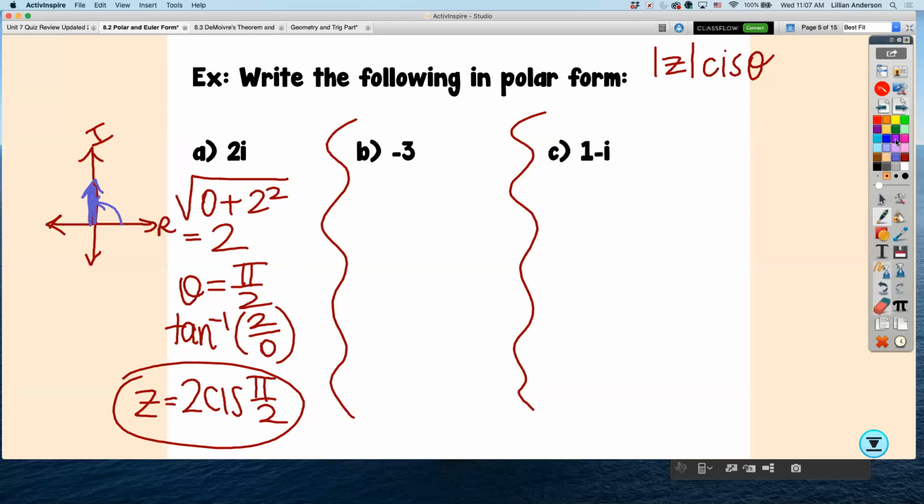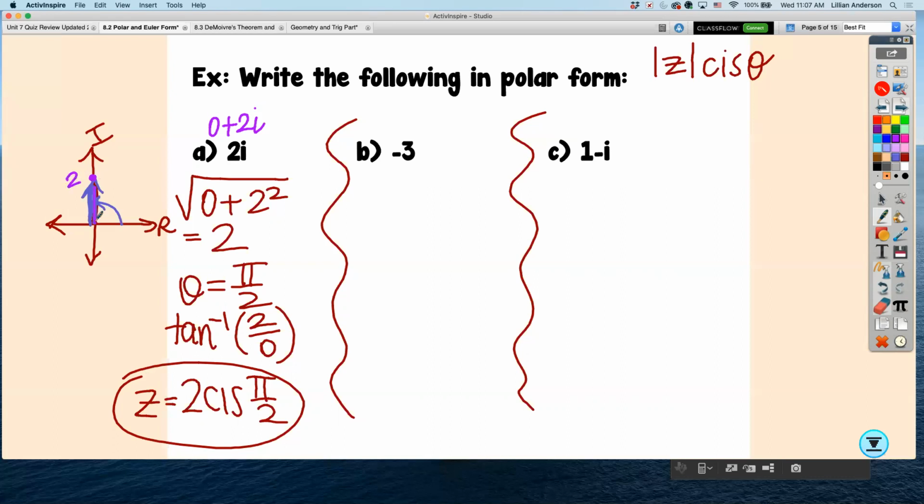Remember, when you're graphing a complex number on this Argand plane, your horizontal axis is your real axis, your vertical axis is your imaginary axis, and this complex number is really 0 plus 2i. So you're not going any distance horizontally, you're only going vertically up to a point of 2 on your imaginary axis.